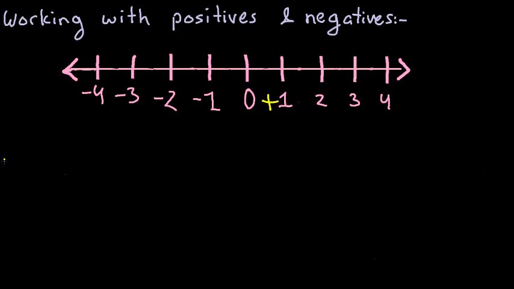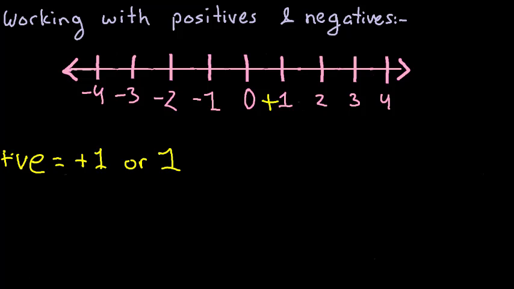The abbreviation for positive is "+ve". So positive numbers can be written with a plus 1, I'm just using 1 as an example, or it can just be 1. Positive numbers can be either of those. Now, that's pretty easy. Now let's talk about the negative numbers.